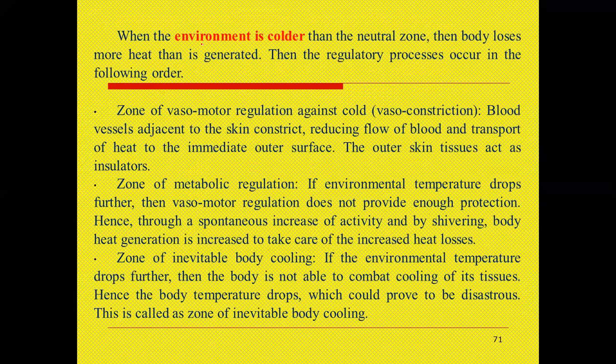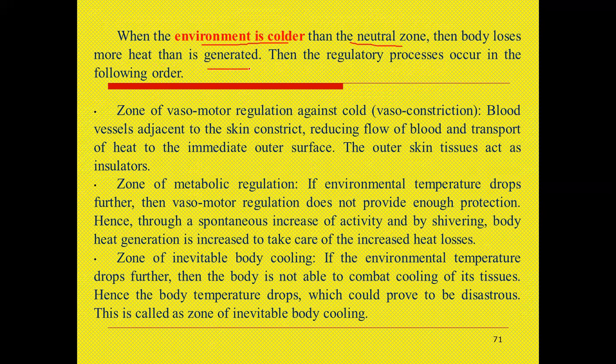Next, when the environment is cooler than the neutral zone, what happens? The body loses more heat than it generates. Then the regulatory processes take place in the following order.